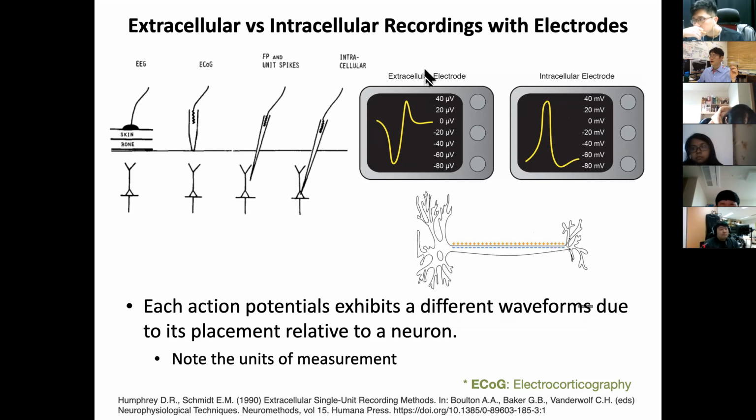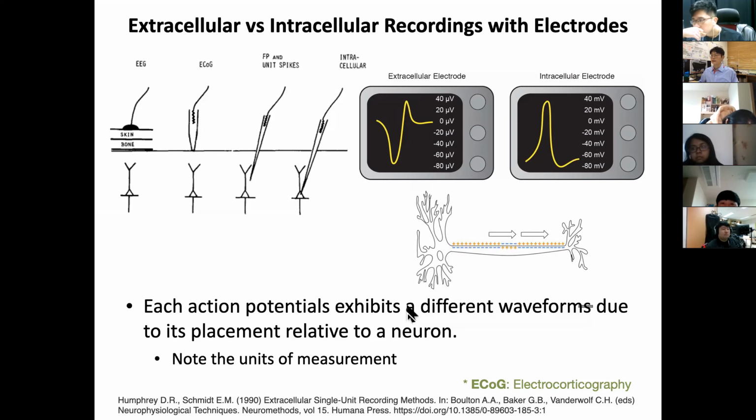Also, the unit here is in the millivolt range, while extracellular recording is in the microvolt range. It's almost orders of magnitude, in this case 1,000 times difference in signal. So you notice this.